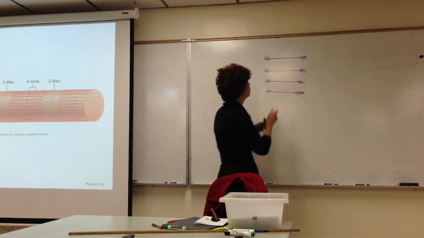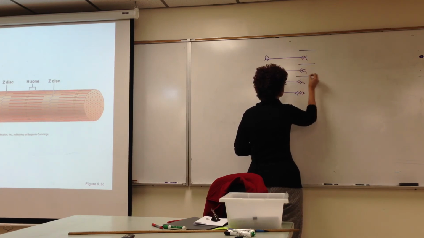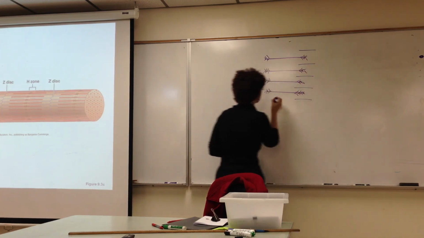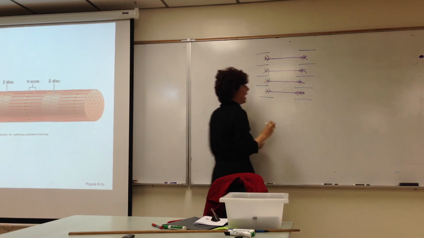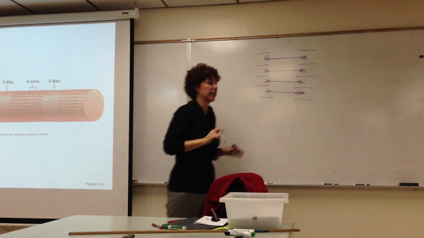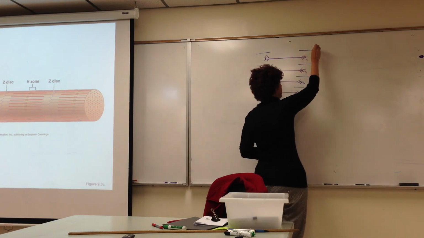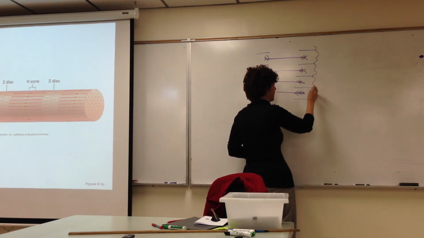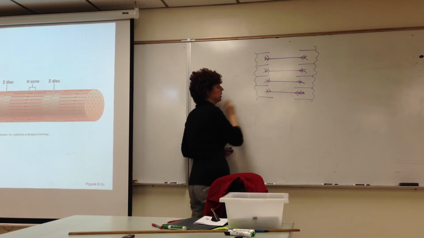Overlapping actin. And there would actually be six of these for each myosin. I'm just looking at a flat view. And the actin is bound by proteins to a disc-like structure.